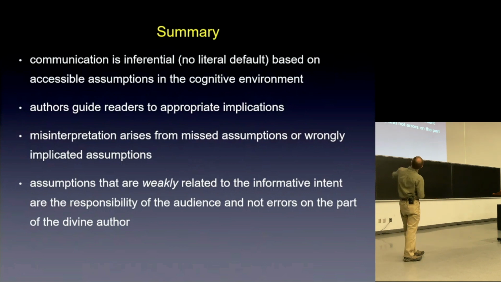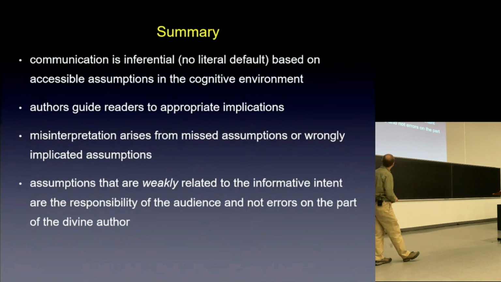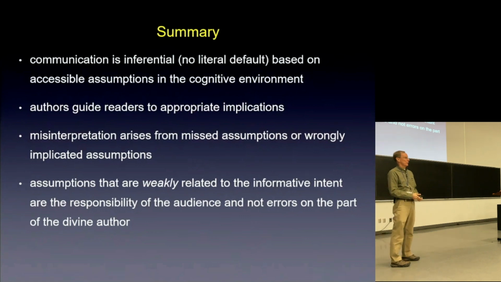But inferential processing is the way that it works, and the linguistic code, the words used, help the reader or listener access assumptions in the context from which they infer meaning. So the author guides to appropriate implications. If there are misinterpretations of a text, it typically arises from assumptions that are implicit and brought into the text that shouldn't be, or they are assumptions that the modern reader has that they bring to the text that shouldn't be brought either.